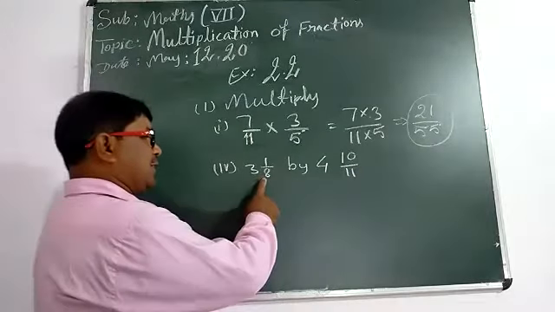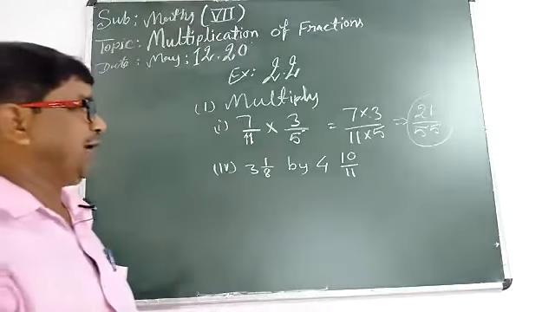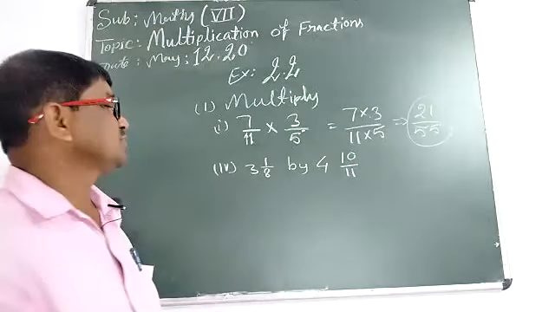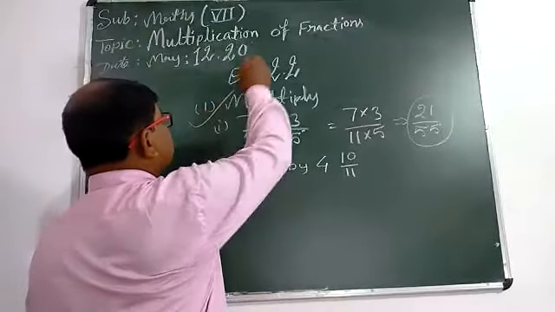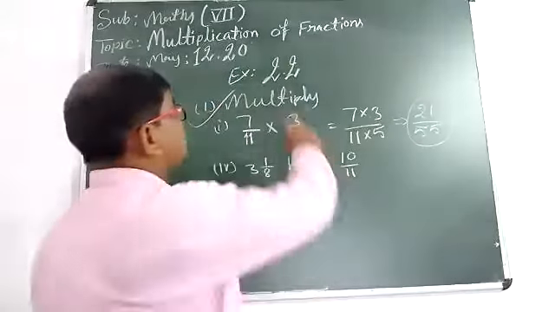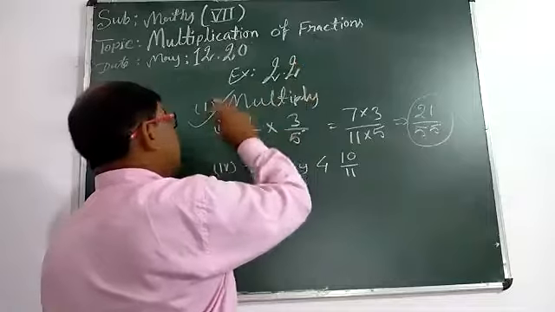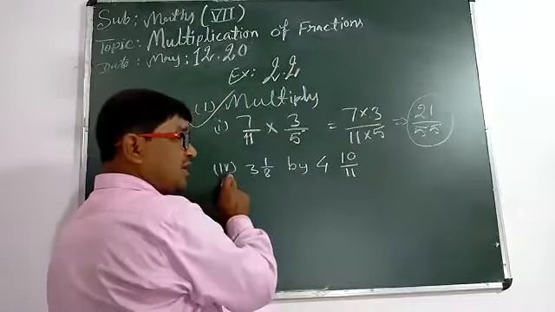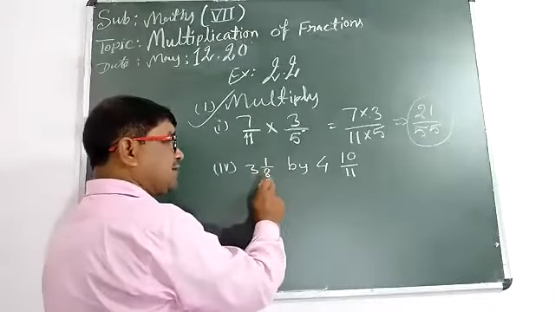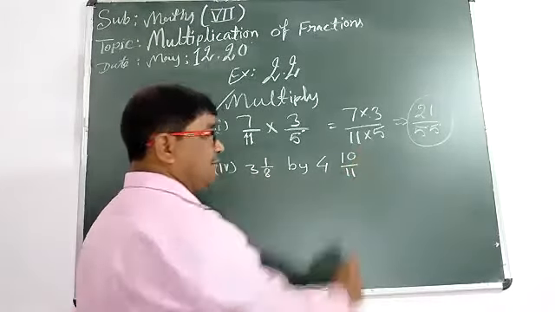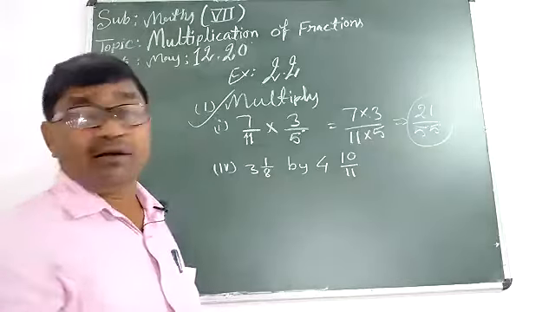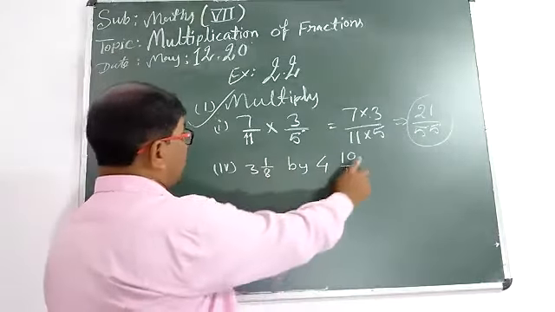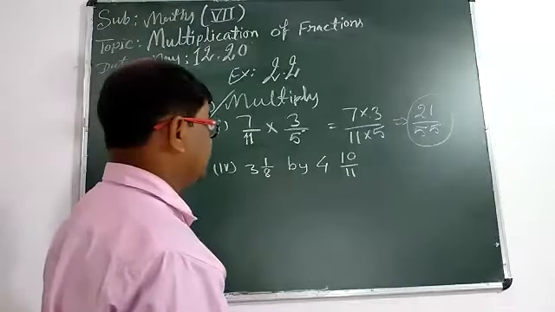Multiply. Exercise 2.2, sum number 1 part 4. What is its meaning? Multiply 3 whole number 1 upon 8 by 4 whole number 10 upon 11.